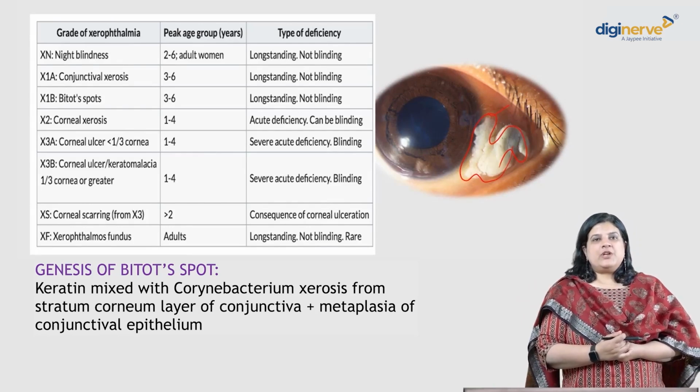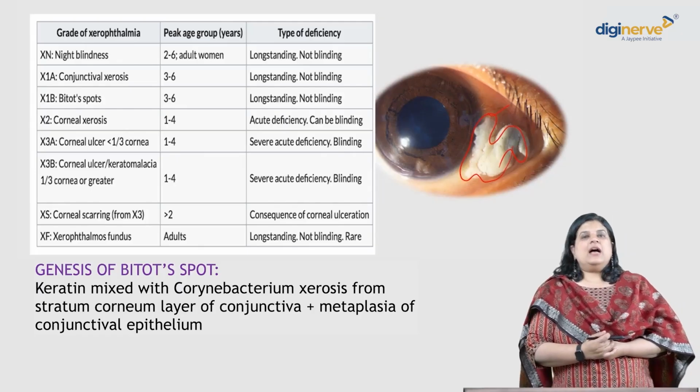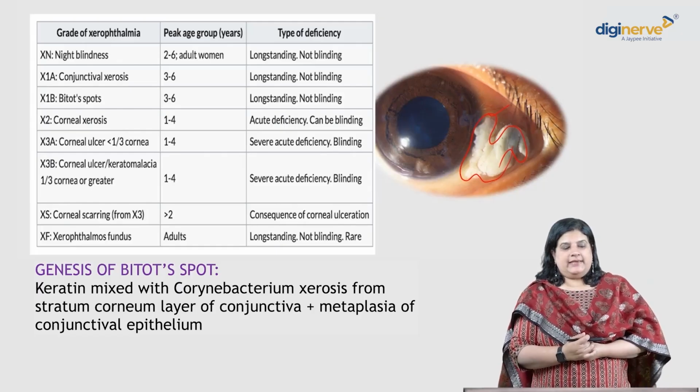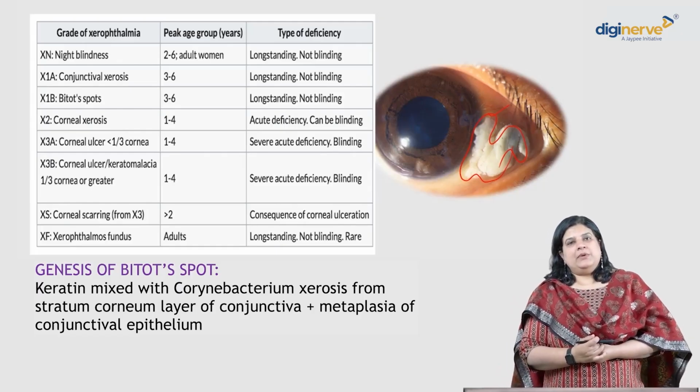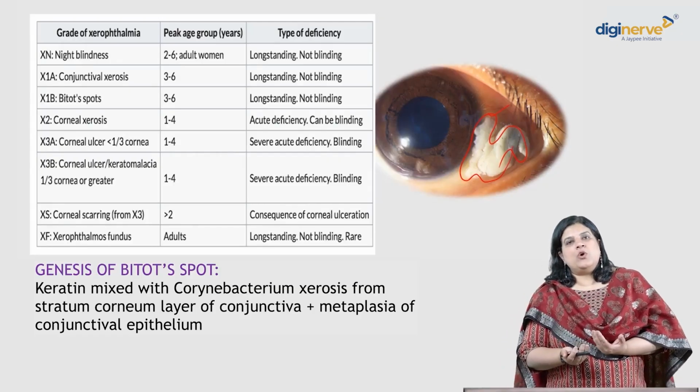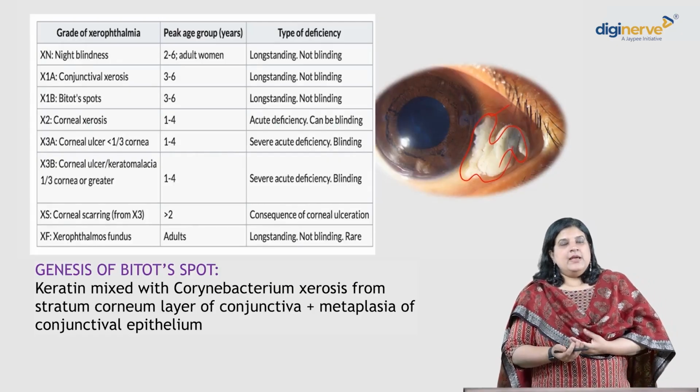It progresses to develop a corneal ulcer. If the ulcer is less than about 1/3 of the cornea, it is called X3A. In X3B, the involvement is much more prominent. The area involved is more than 1/3 of the cornea.